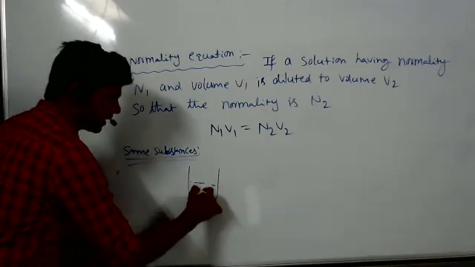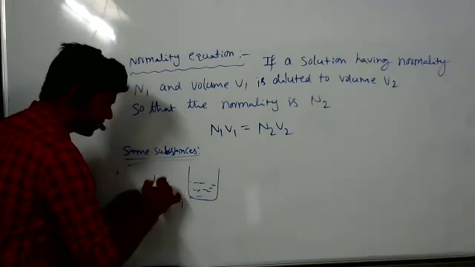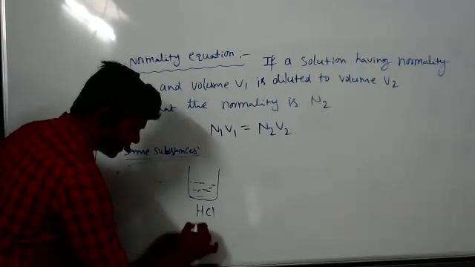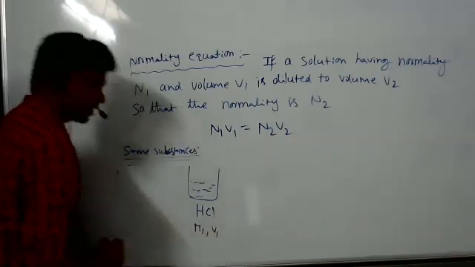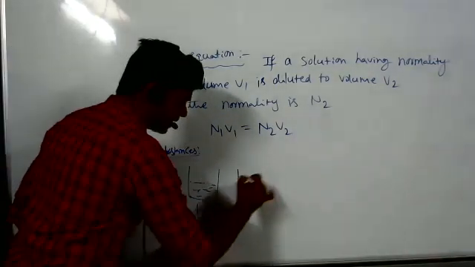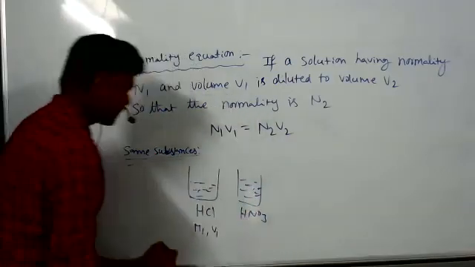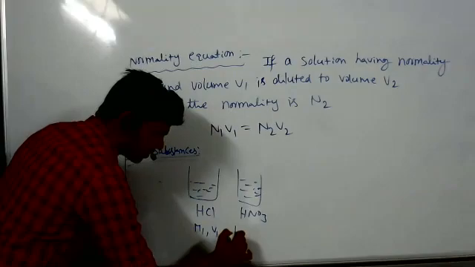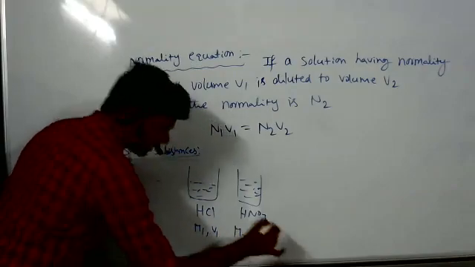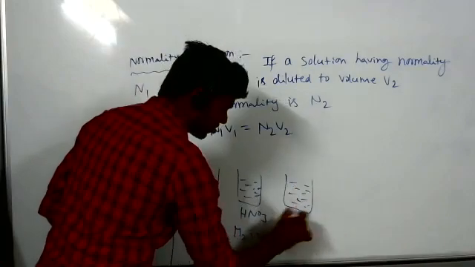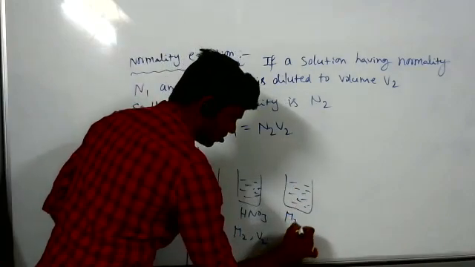So here I am taking HCl, concentration is M1, volume is V1. Next, HNO3, nitric acid, molarity M2 and volume V2. And then taking H2SO4, concentration is M3 and volume is V3.